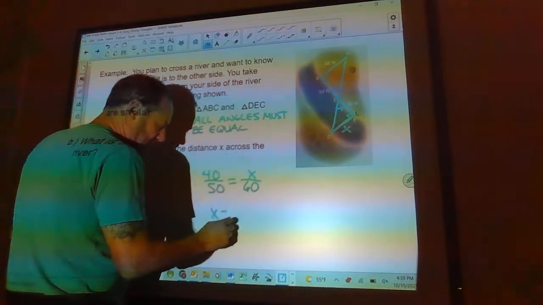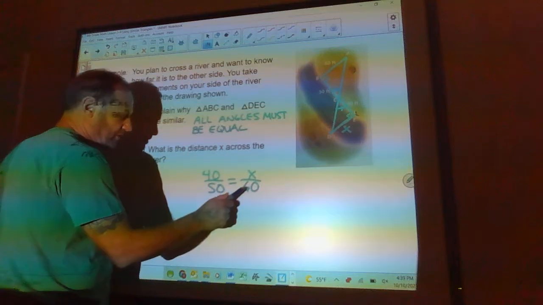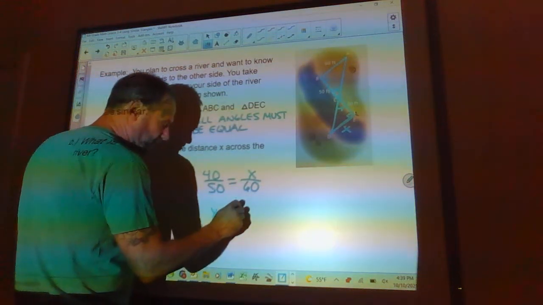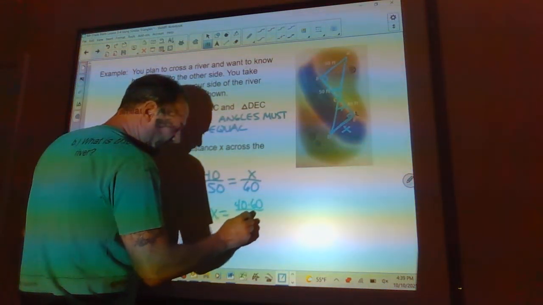So this is going to be, remember we always, when you have a proportion, you always take the two diagonal numbers, multiply them together, so 40 times 60, and you divide by the other number.